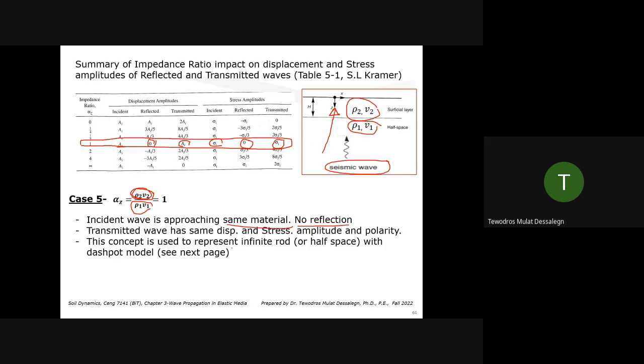This concept is used to represent an infinite rod or half space with a dashpot model. We will see this in the next slide. It has application. If we think these 2 materials are the same, then we can take advantage of that property if the impedance ratio is 1.